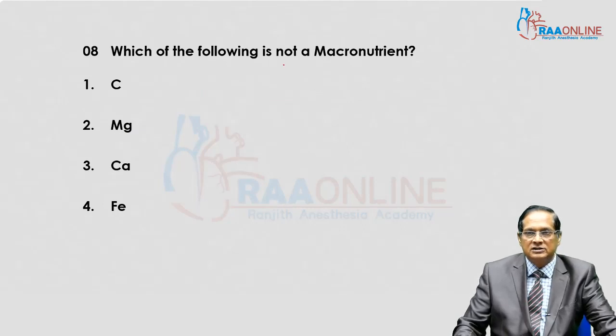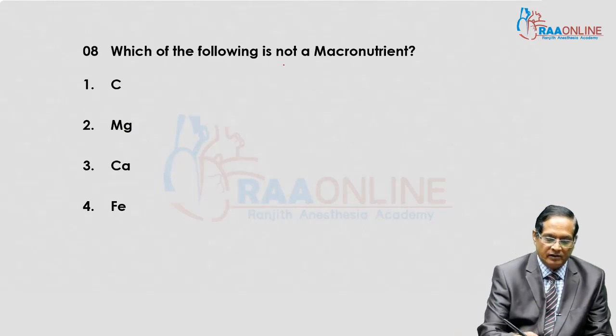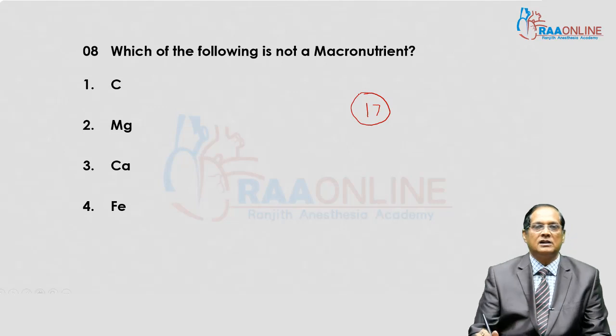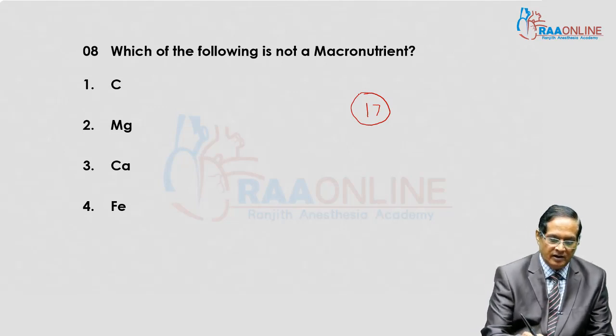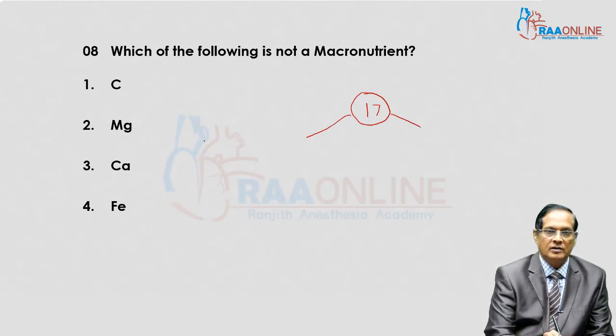Which of the following is not a macronutrient? Till date, 17 elements are proved as essential elements, and they are kept under 2 categories. One is macronutrient or macro element or major element.